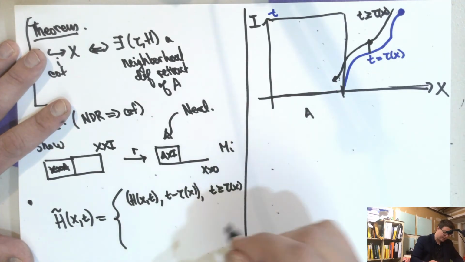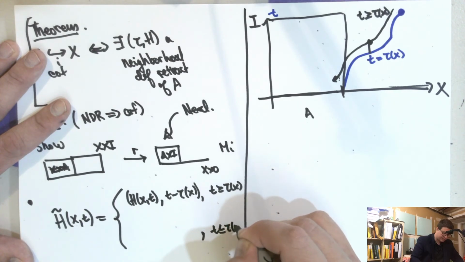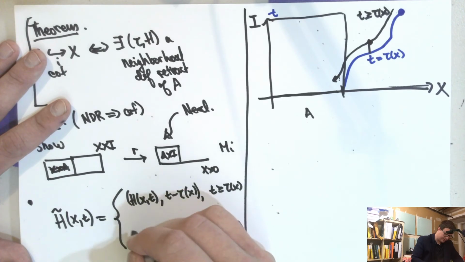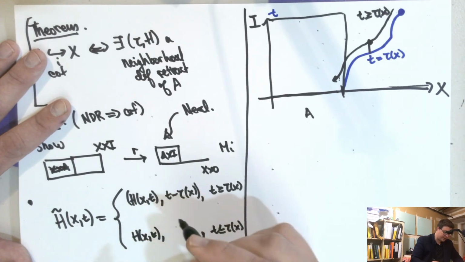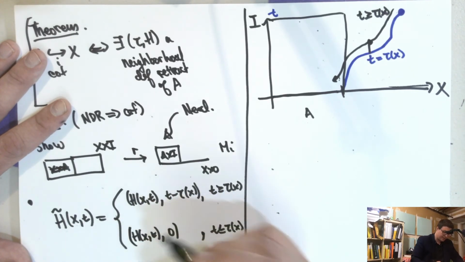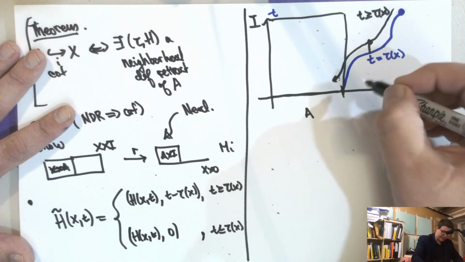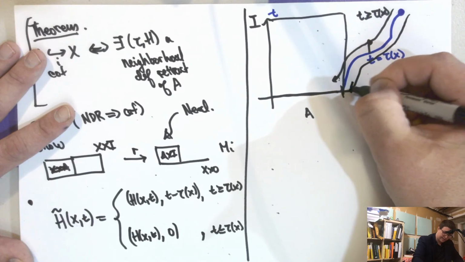What we'll do here is when t is less than or equal to tau of x, we'll have a map like so. So we'll have h of x, t, and then we'll put 0 here. Okay, so below this line, it's going to hit down here somewhere. So things that are below are going to hit down here.